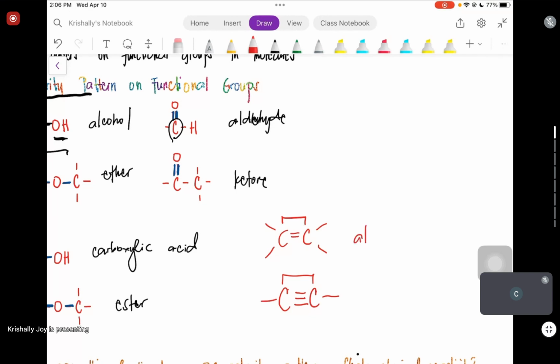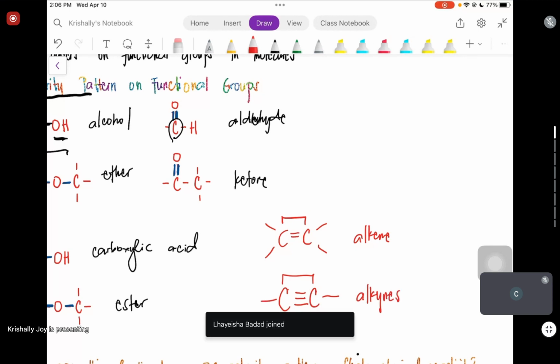This is for alkene, by the way, and then the one below is for alkynes. Those are the functional groups of alkenes and alkynes: a double bond between carbon and carbon for alkenes, a triple bond carbon to carbon for alkynes.